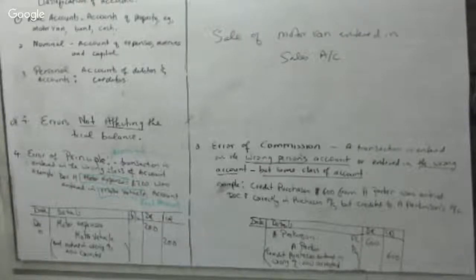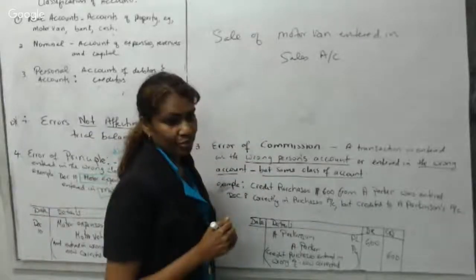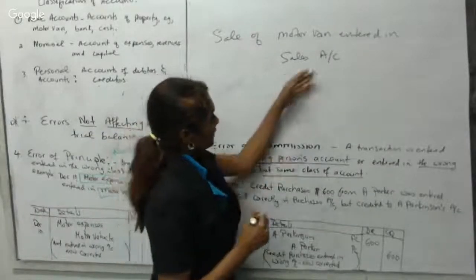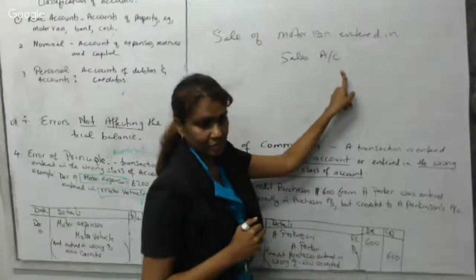We don't know how to use the asset or stock properly. Anytime you sell anything, no matter what you sell, you throw it into sales. That's an error of principle as well. In this case, you have sold a motor van. That's what you're supposed to credit. But if you enter it in sales, it means you have credited your sales account instead.